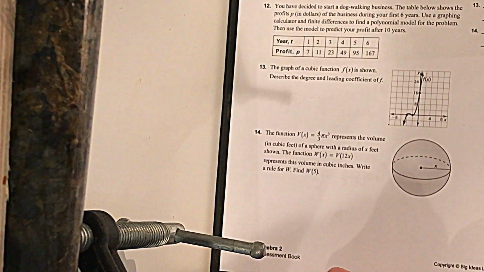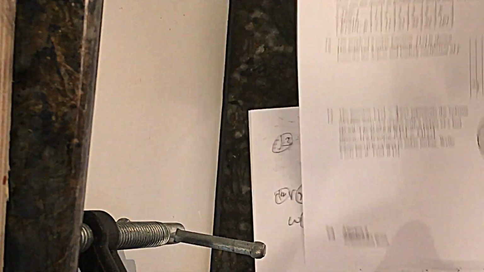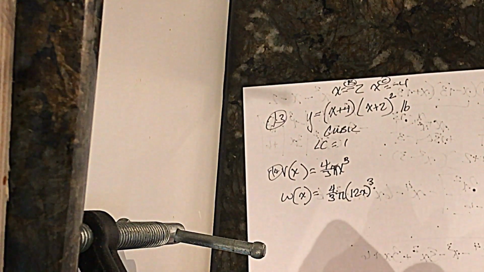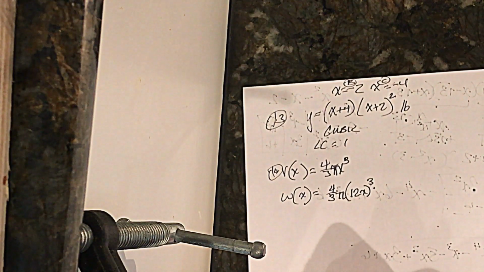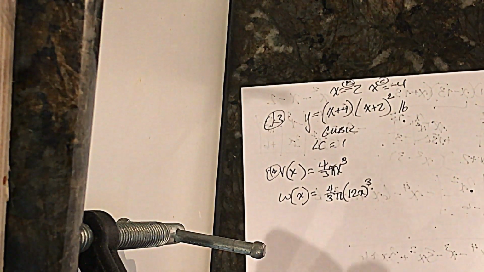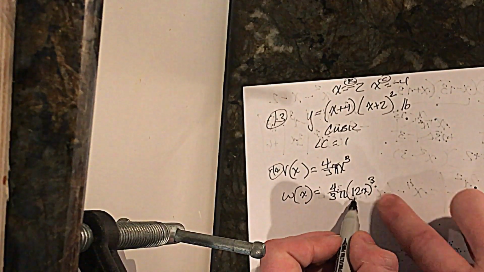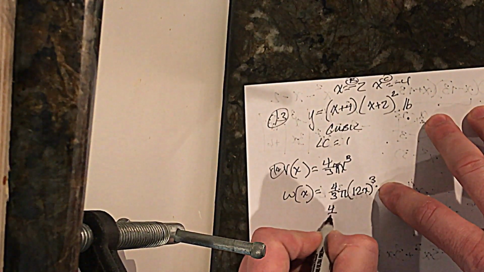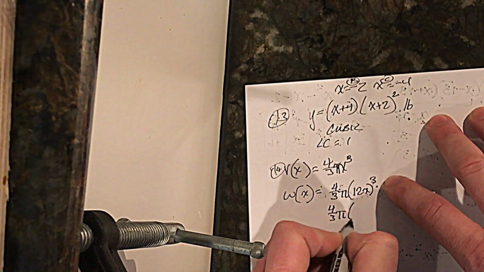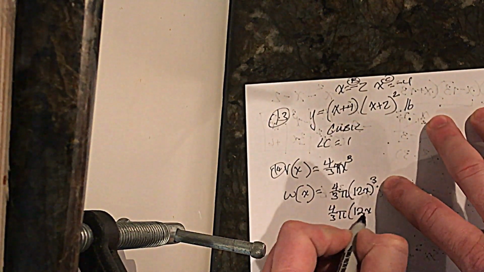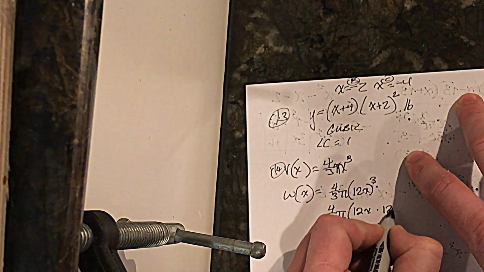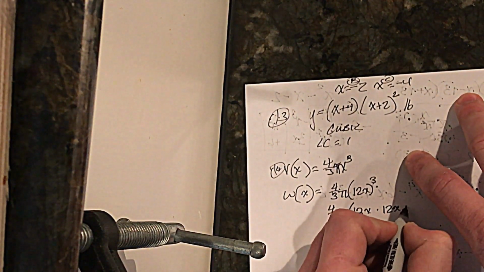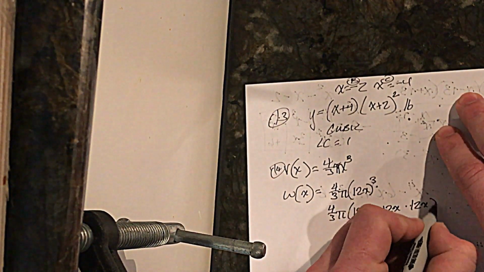So from here, let's multiply out what this is going to be. We've got 4/3 pi times 12x times 12x times 12x.